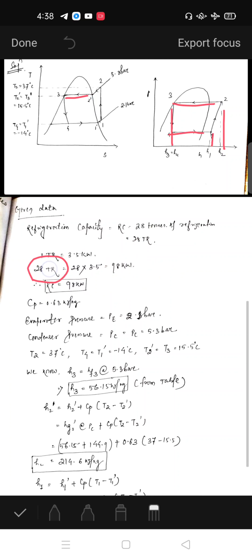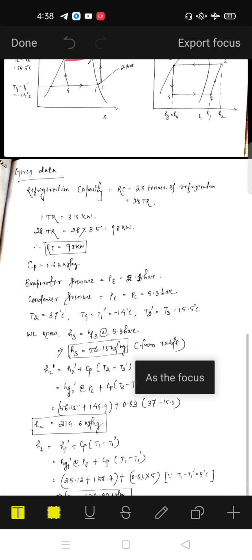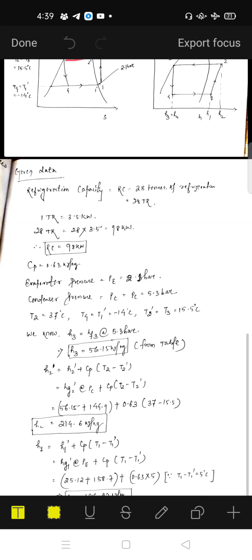After getting this, next the Cp is given, that is 0.63 kilojoule per kg Kelvin, and the evaporator pressure is 2.1 bar and the condenser pressure is 5.3 bar.